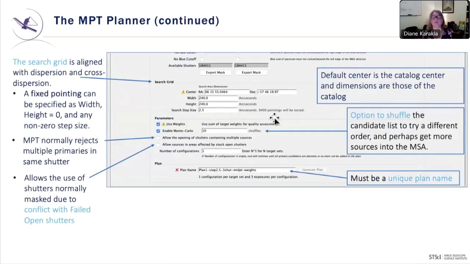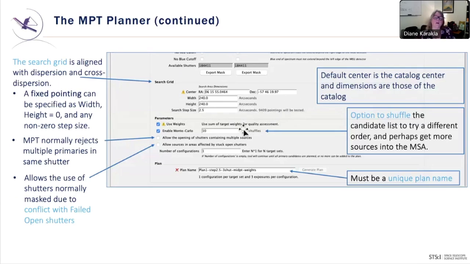For a reasonable runtime, I set the search grid height and width to whatever I want, and then tune the search step size to give me basically 10,000 pointings. That's what I like to use for a catalog this size.